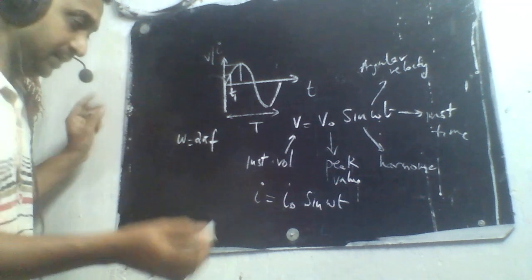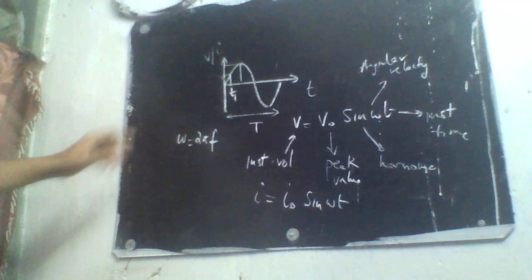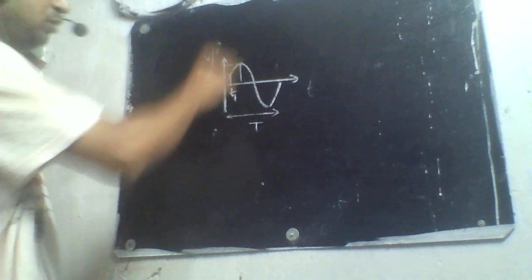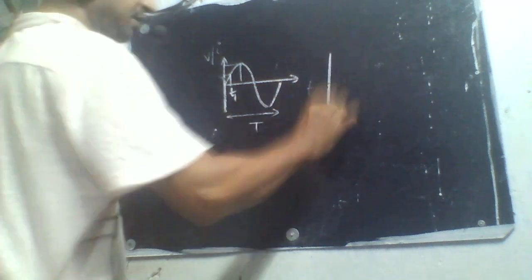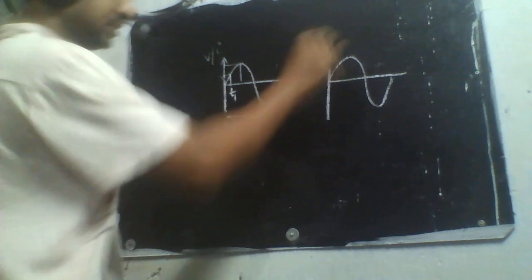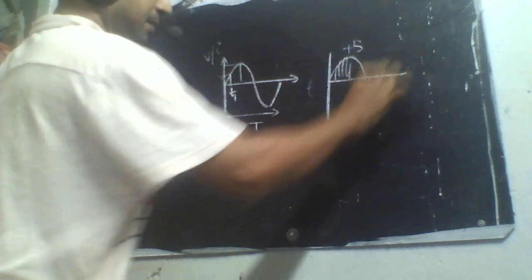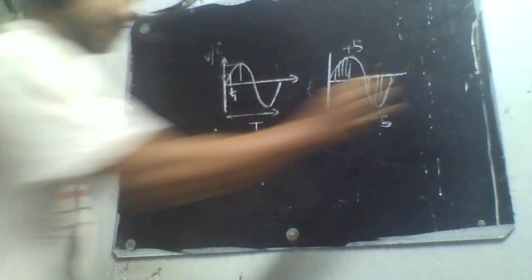Now, you can't take the average value over a full cycle, because if this is a cycle, you will have a plus 5 here and a minus 5 here. So if you take the average, you will get 0.